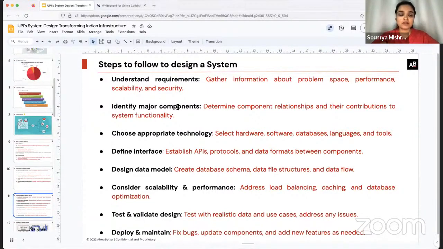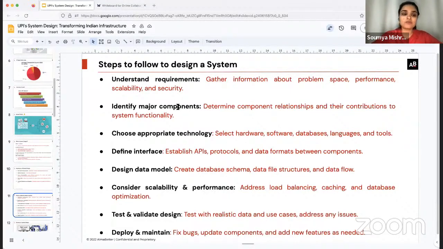The next step is to identify major components. Let's consider UPI only for this matter. We understood that the main requirement of UPI is that there should be fund transfer. There shouldn't be any requirement of bank account details. There shouldn't be any requirement of adding a PIN and waiting for some X amount of time.